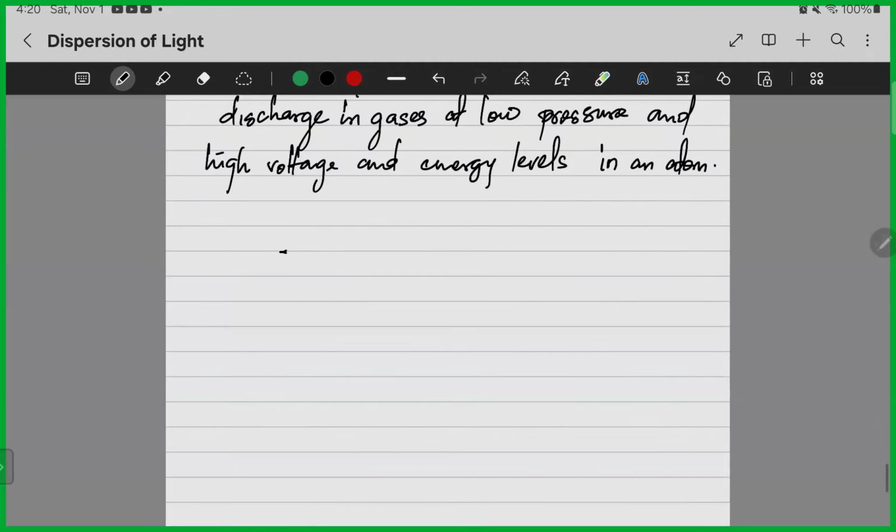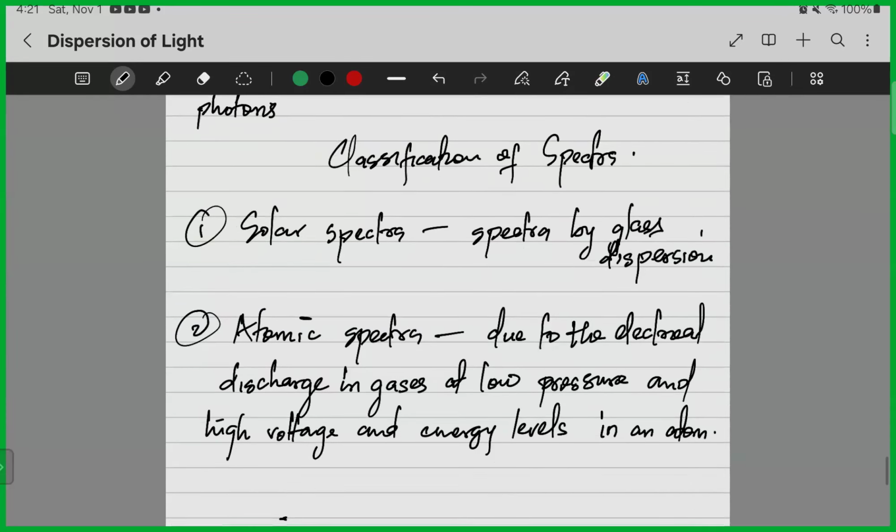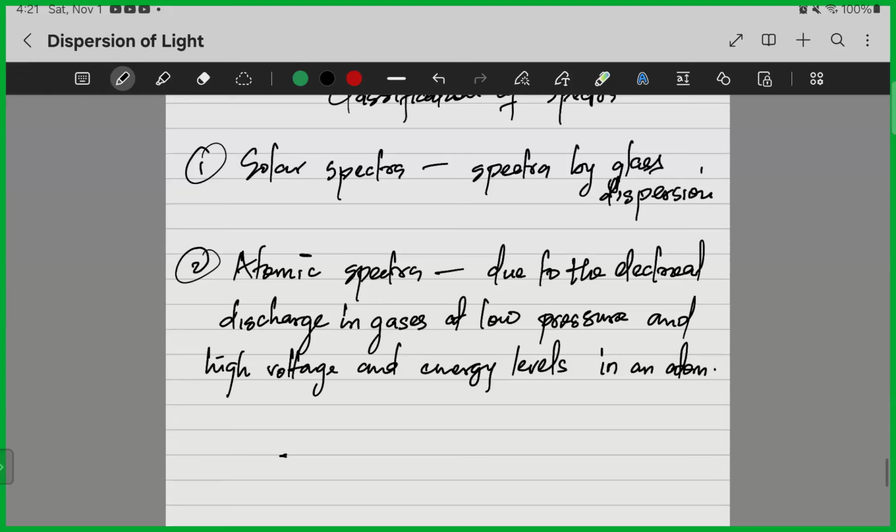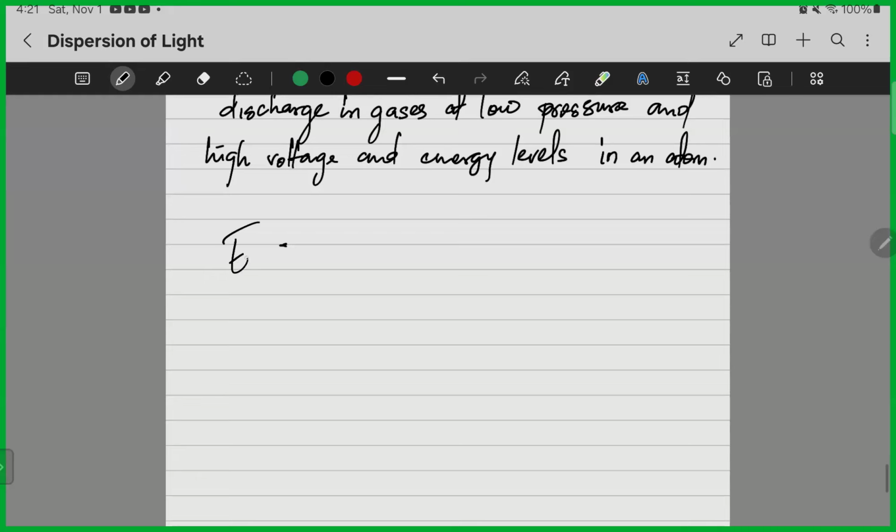Okay. We've talked about solar, atomic. Before I go, let me quickly do a difference between emission spectrum and absorption spectrum. This is a common exam question.